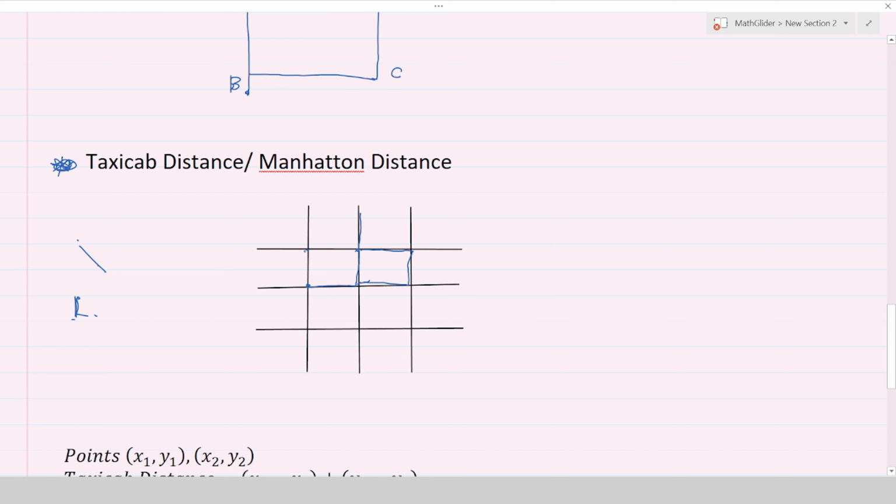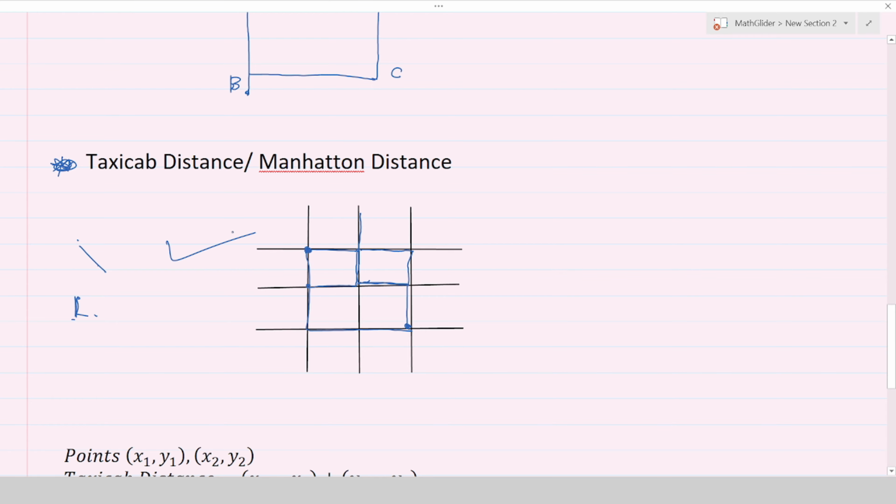So if you want to calculate the distance between this point and this point, now it will not be the straight line distance, neither will it be the maximum of this and this. It will be like this, and this. The length of this path. So you will have to account for all the path you have traveled.